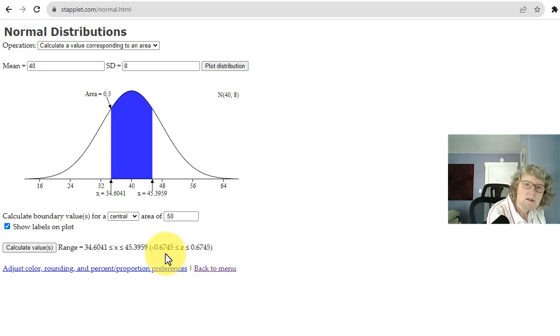And then positive, oh, this is actually going the same amount on each side. Of course, because it's the middle 50%. So that's a good thing to notice. The z-scores are symmetric, right? So if it's the middle 50%, it's 25% to the right of the mean and 25% to the left. So they would have the same z-score, just one's positive and one's negative.